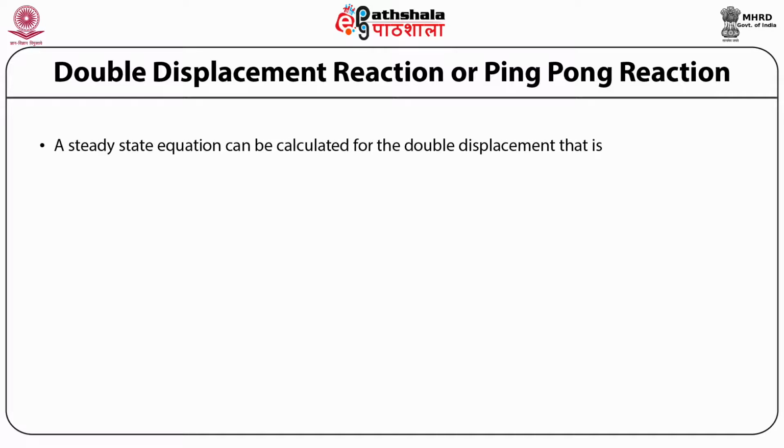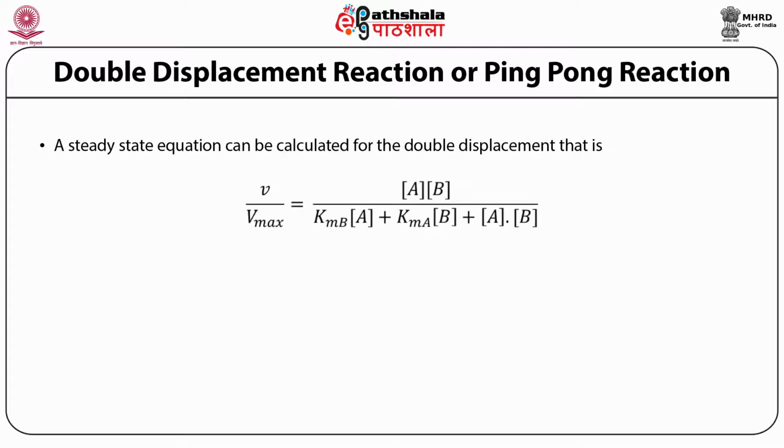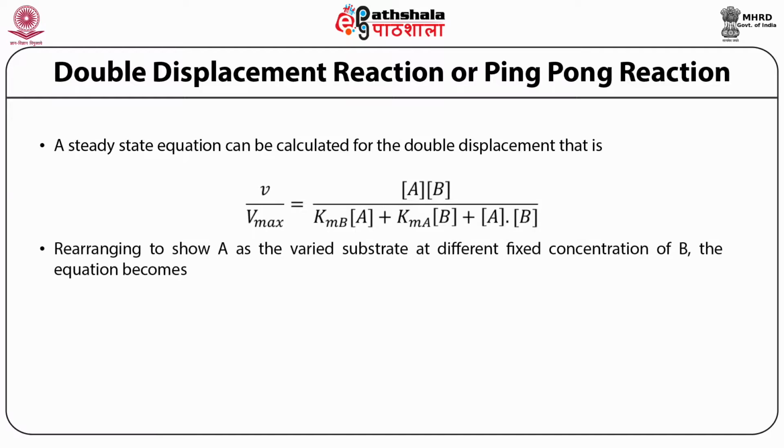The steady state equation calculated for double displacement is V upon Vmax equals the concentration of A into the concentration of B divided by Kmb into the concentration of A plus Kma into the concentration of B plus the concentration of A into the concentration of B. Rearranging to show the concentration of A as the varied substrate at different fixed concentrations of B, the equation becomes V divided by Vmax equals the concentration of A divided by Kma plus the concentration of A multiplied by 1 plus Kmb divided by B.